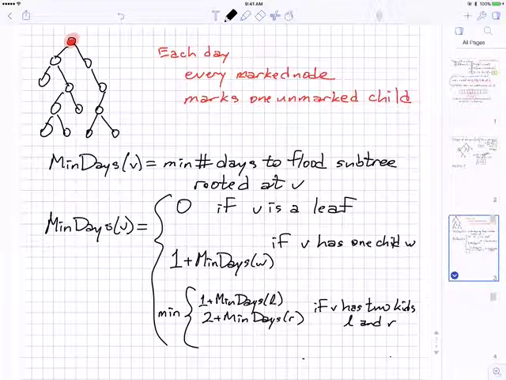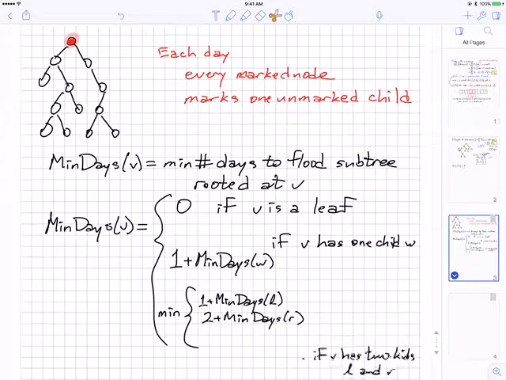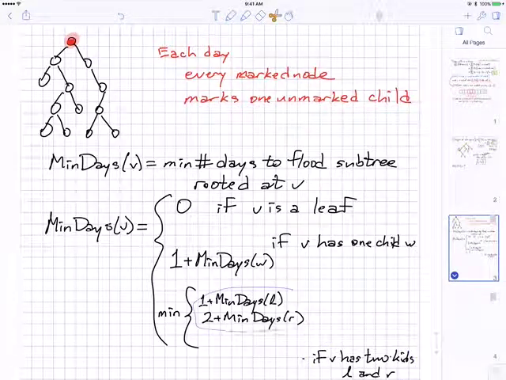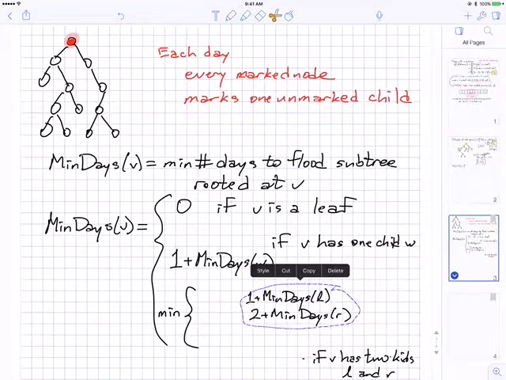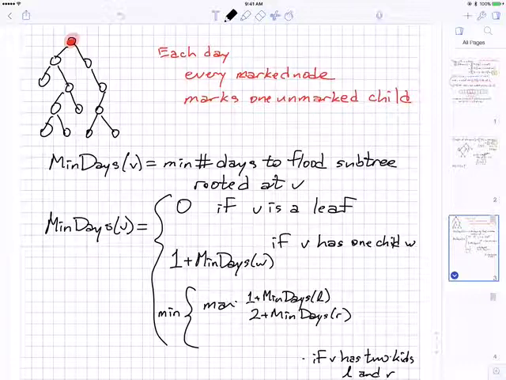But I have to combine these two things somehow. And I want to take the maximum of them because I'm not doing the left and then when it's all done starting on the right. I don't want to add. I'm going to do the left and then there's a 1 second delay and then I'm going to do the right and they're going to progress in parallel. So what I want to write here, actually let me move this down, and say it's the max of these two.